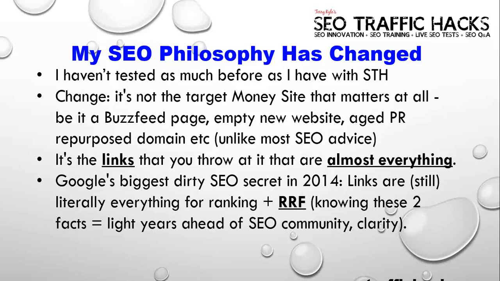And if you combine that knowledge with Google's random ranking factor as well, knowing those two facts alone just automatically jumps you light years ahead of what so many people in the SEO community are writing about, experiencing, thinking about. And hopefully just having the knowledge of those two things really gives you a lot of clarity.